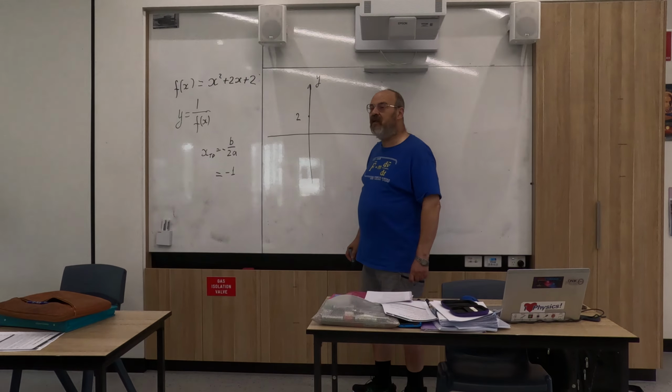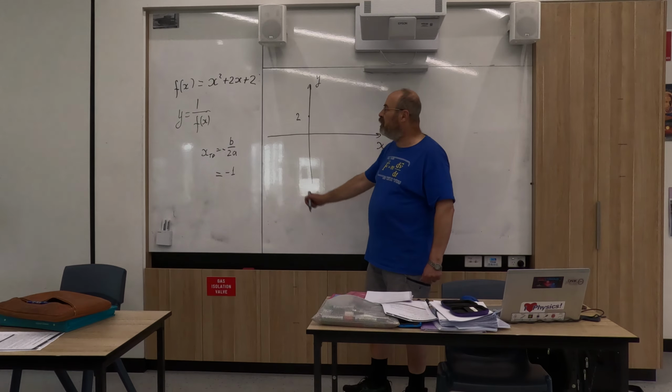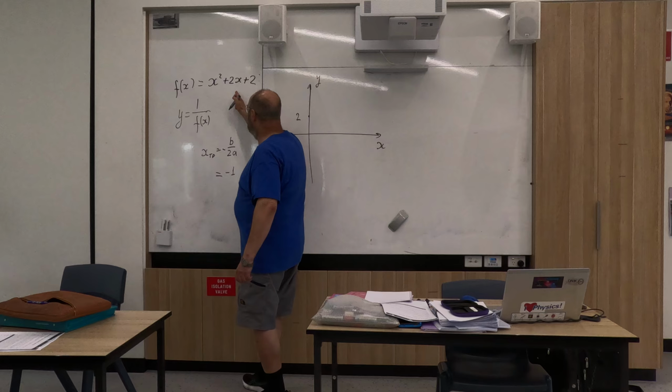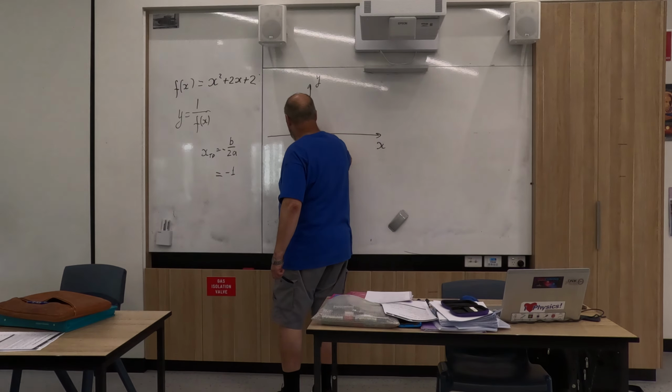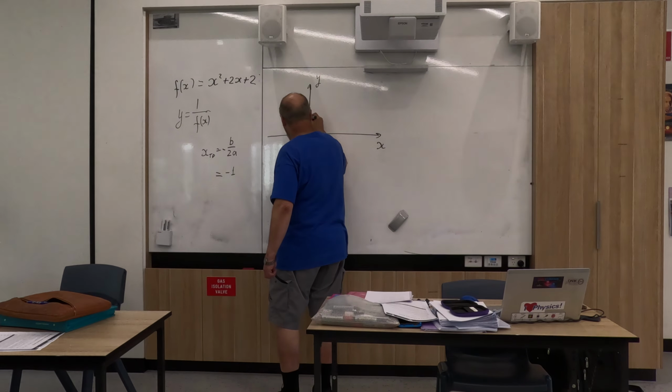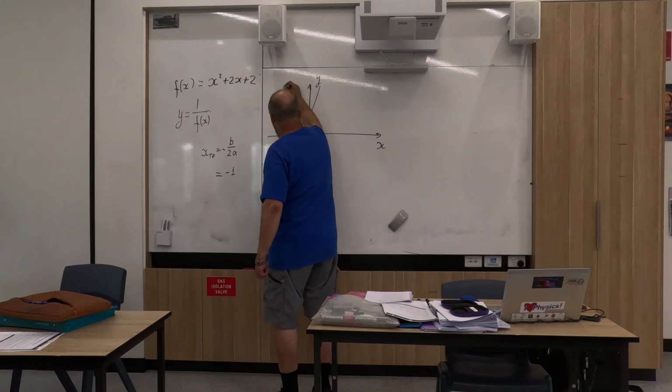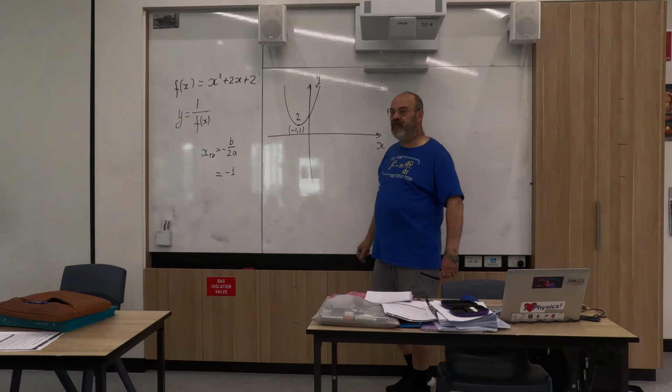And so what will be y? With x equals negative 1, 1 minus 2 plus 2 is 1. So this is (negative 1, 1). And that is our parabola.